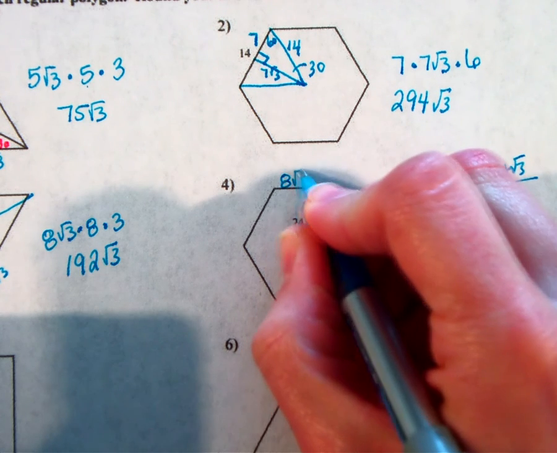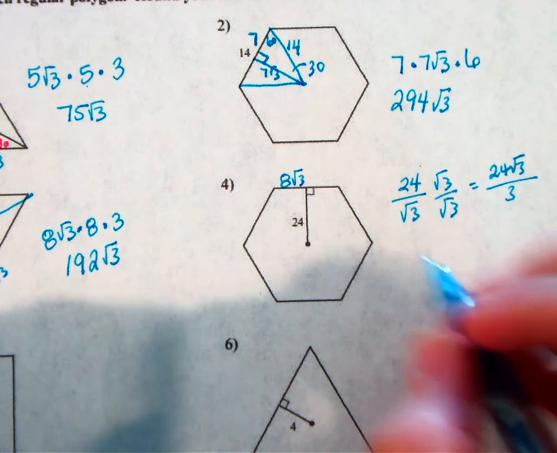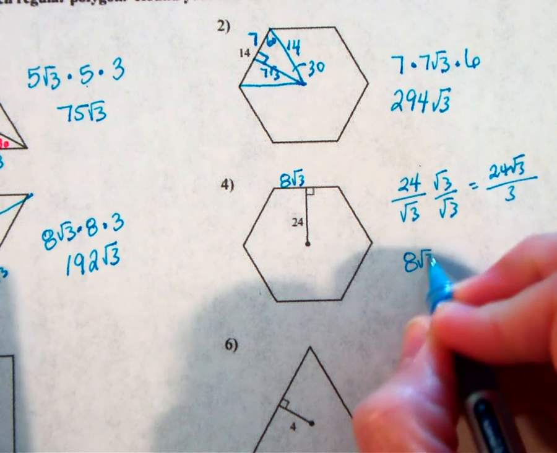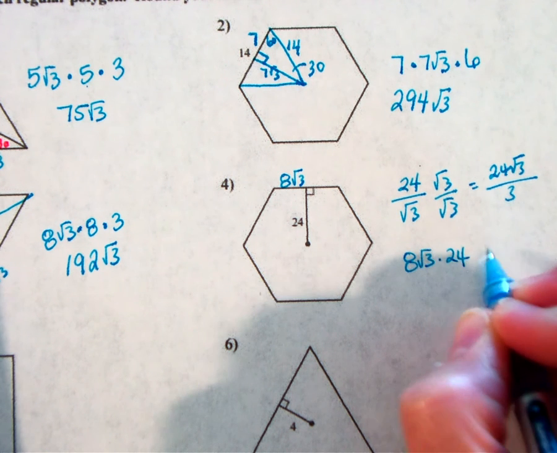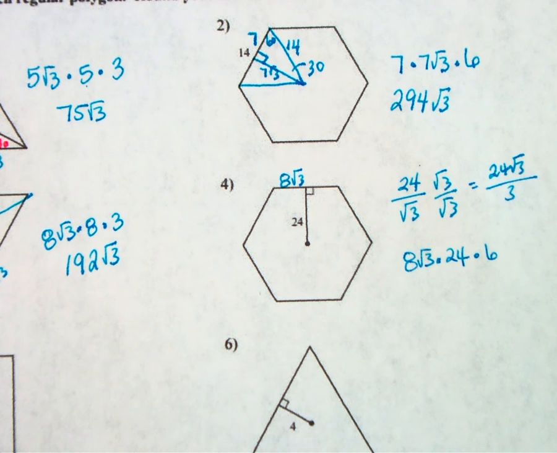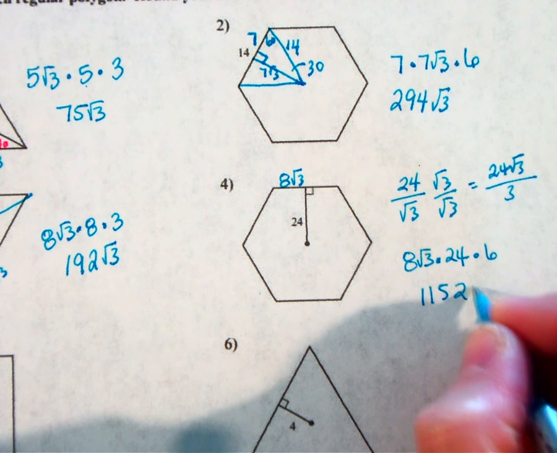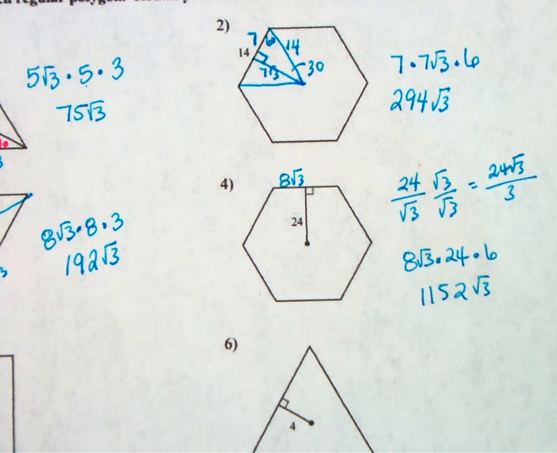So this is 8 radical 3 on the half of the side length. So we would take 8 radical 3 times 24 times 6, which is 1,152 radical 3.